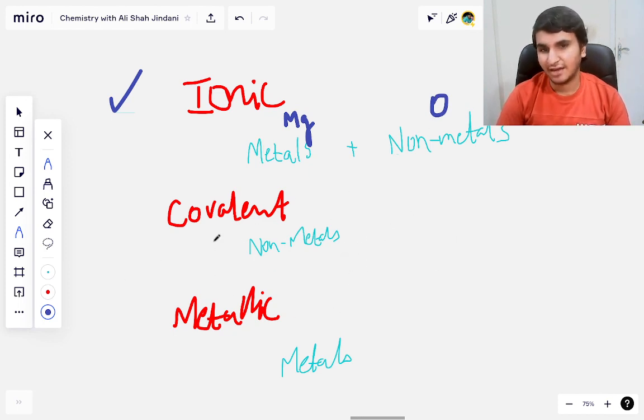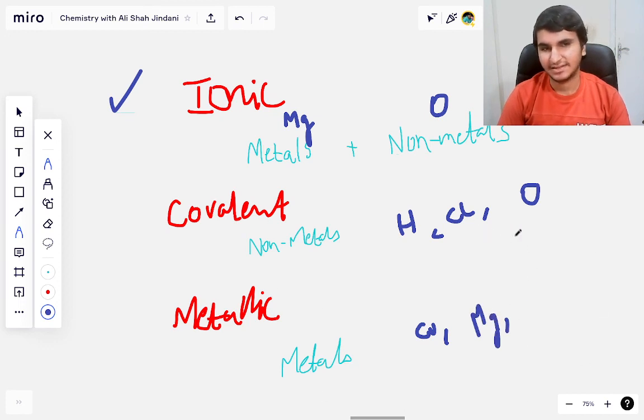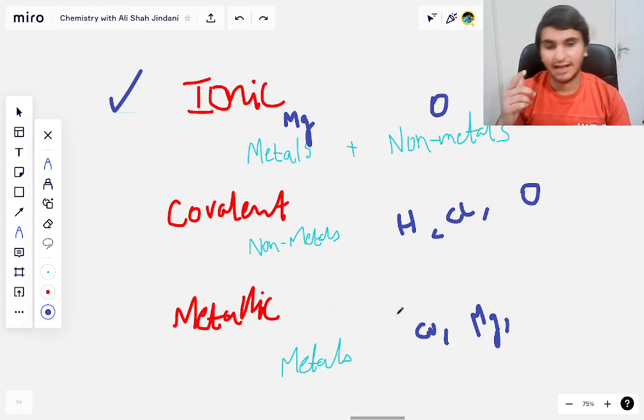If we are having both non-metals, we can have hydrogen, fluorine, and oxygen, a lot of non-metals. And if you have metals, you can have copper, and again magnesium as well. Any metal can be present on its own, right? So that is a trick. You can call it a trick, or a basic idea, for how to know which type of bond will be formed.